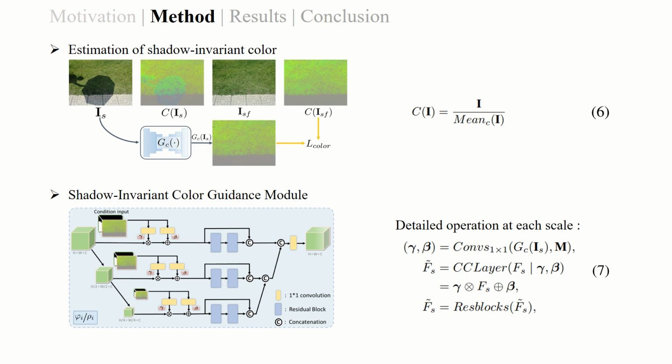Shadow environment color guidance models are affine transformation functions in the invertible block. This model is built on the pyramid multi-scale structure. At each scale, the color map and the mask are used as condition inputs, and the detailed operation at each scale can be expressed as equation 7.